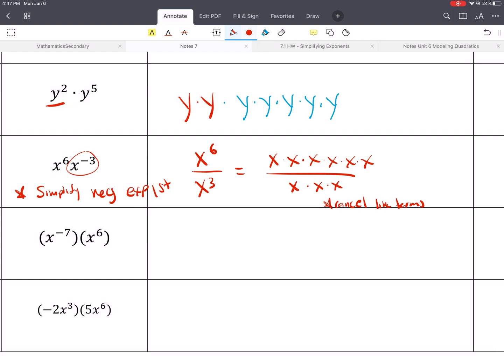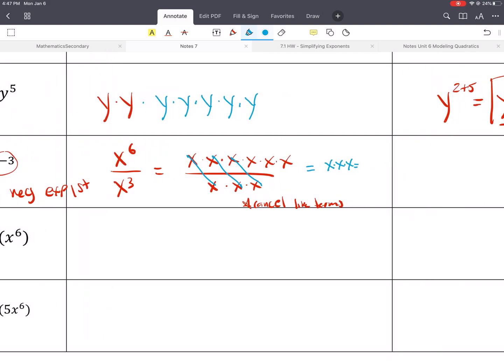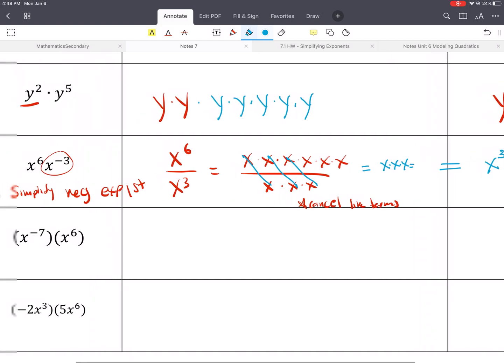So in this situation, we have x's that we can cancel out that are on the top, and that ends up leaving us with x times x times x, which is just x to the third. So if you ever have something like that, you can cancel out variables like that.